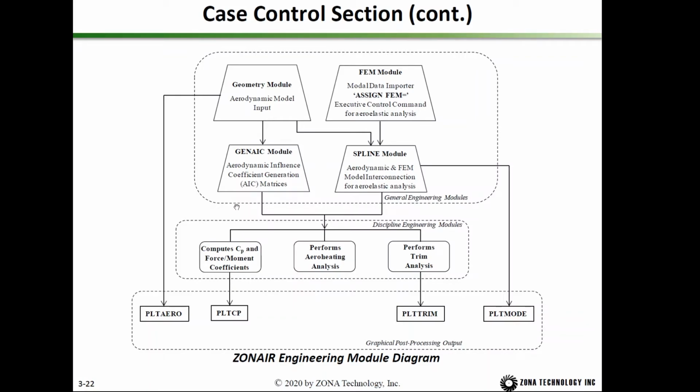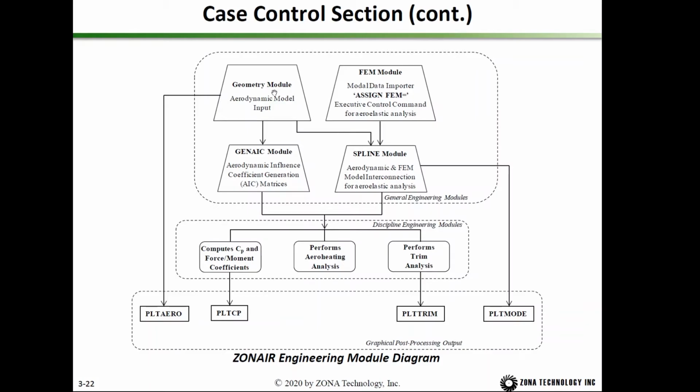So once you define the aerodynamic panel model, ZONAIR will generate the AIC matrix. If you want to compute the flexible loads, you have to specify ASSIGN FEM equals to import the structural finite element solution, then you have to specify solution 1. Then you will invoke the spline module to interpolate or spline the mode shapes from the structure grid to the aerodynamic model.